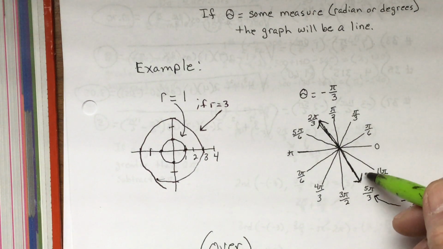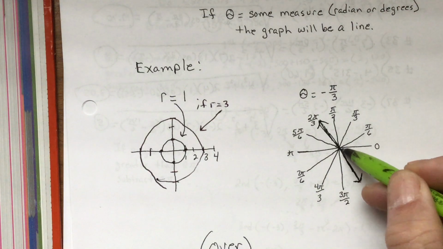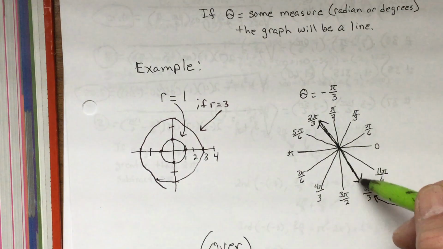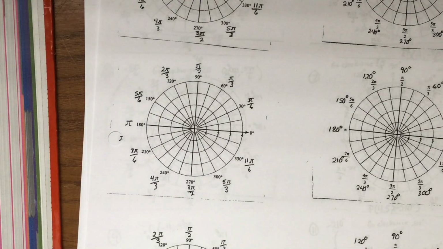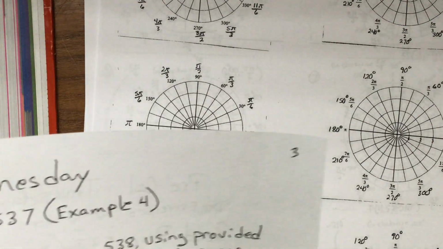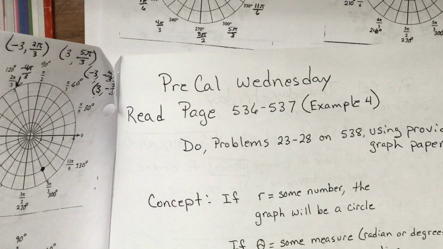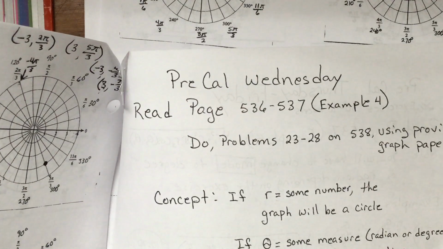So rotate in the negative direction that far, and then draw a line all the way through. This is the graph of negative pi over 3. All right, that's all you're doing on problems 23 through 28.